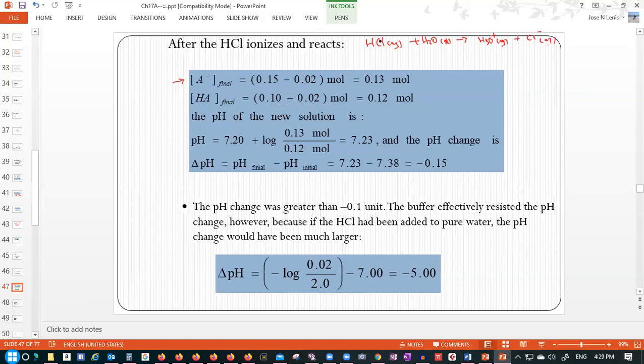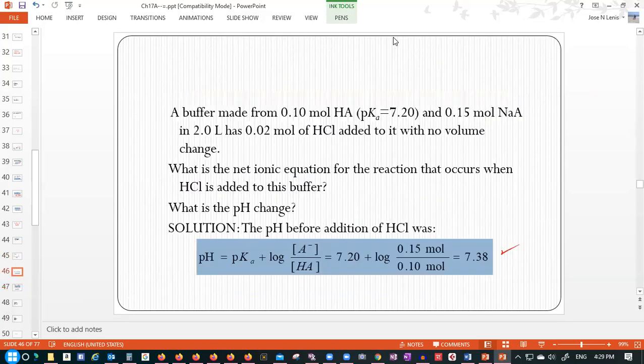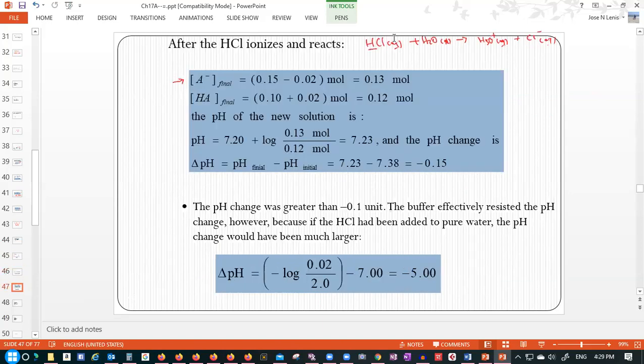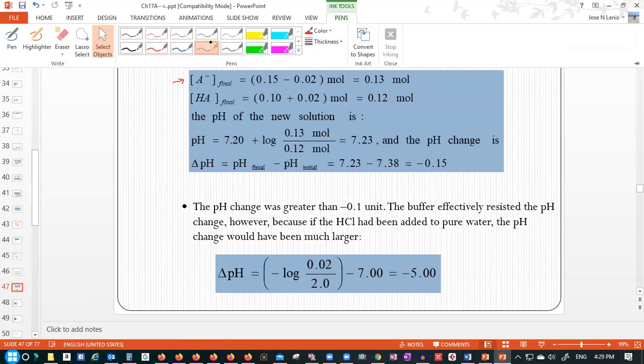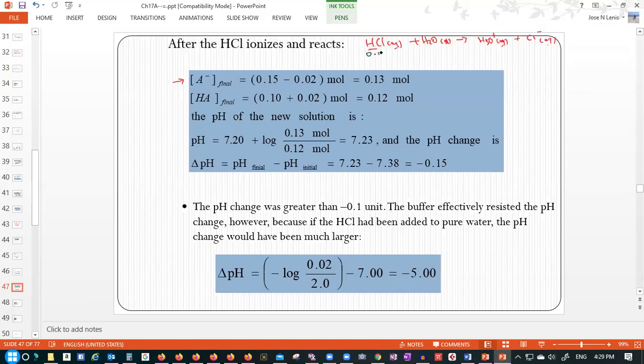And that is going to come from the addition of hydrochloric acid. So how much of this was added? This extra 0.02, I believe. 0.02 moles of hydrochloric acid. So 0.02 moles is added.